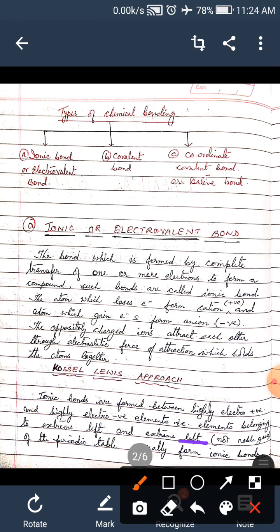Please make a correction here, this left should be right. But remember, though in the extreme right we have the noble gases, we are not considering the noble gases. That means elements of group 1 and 2 and elements of group 16 and 17. Usually this combination forms ionic compounds.